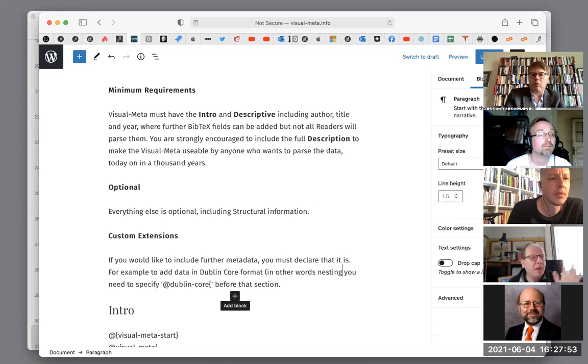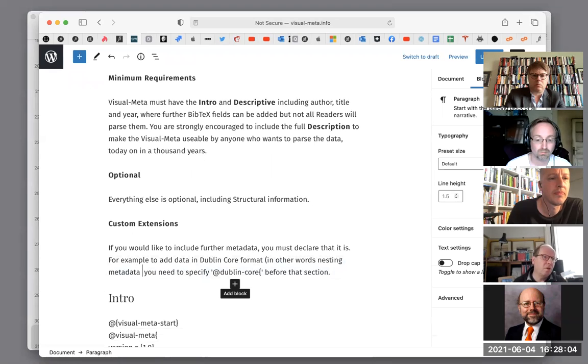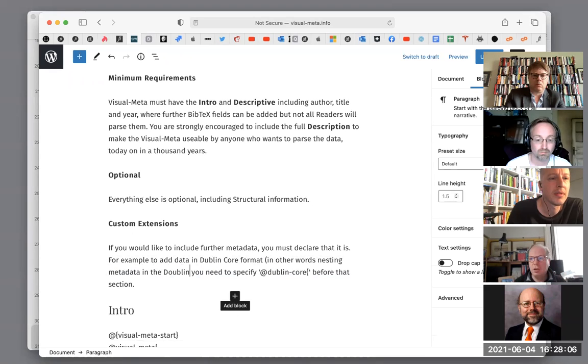Someone may have a better technical description of it, but what we're saying is, if you want to use a block of some other format nested inside Visual-Meta, it needs to start with a description.